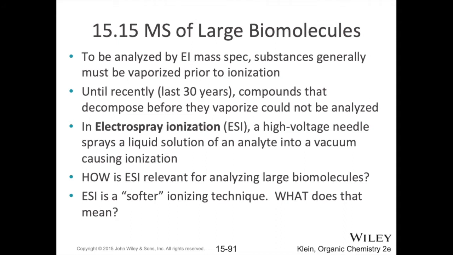The problem is that when you subject your sample to such harsh conditions, you might degrade it. In the case of certain samples, for example certain proteins, large biomolecules in general, you can damage your sample and therefore not get any meaningful information.